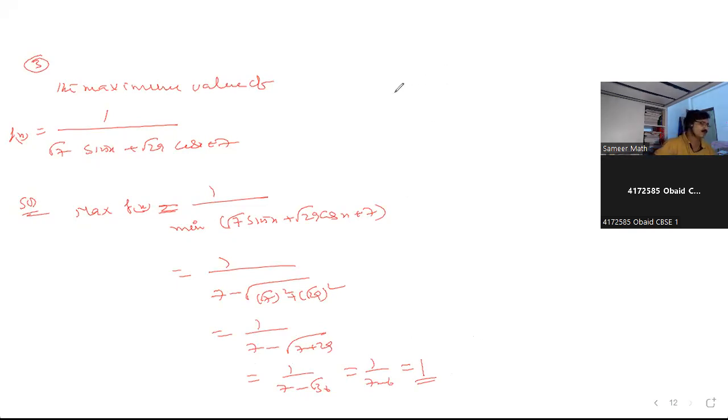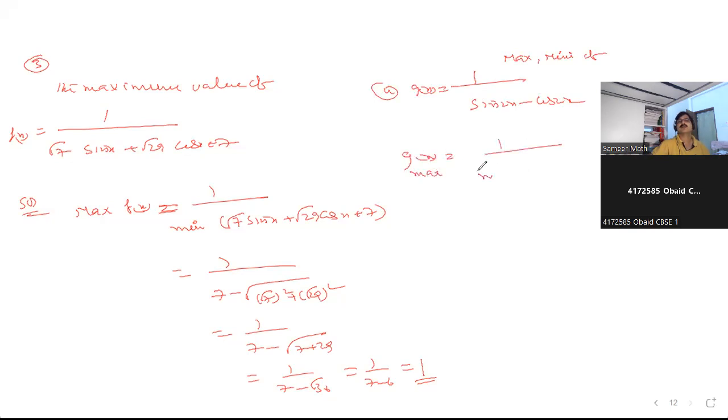Now you can see this one also. Suppose the fourth one, suppose I said like this, 1 by sin 2x minus cos 2x. This is g of x. Find the maximum and minimum of this function. So what you have to write? G of x is maximum first. Maximum means you have to write the minimum of sin 2x minus cos 2x.